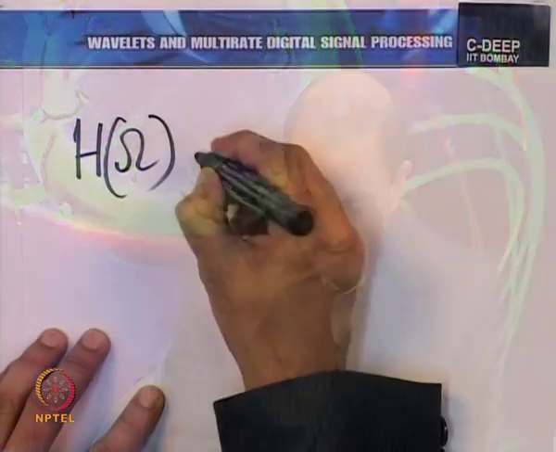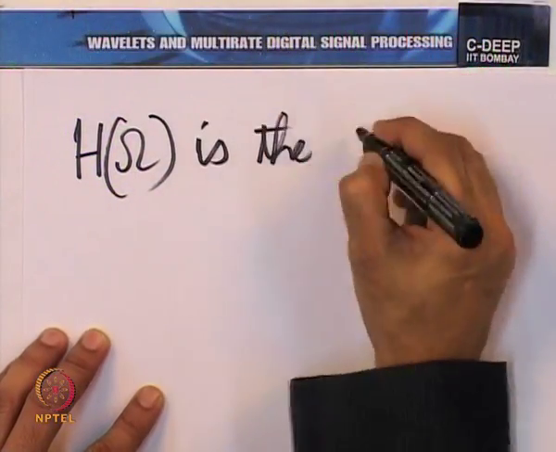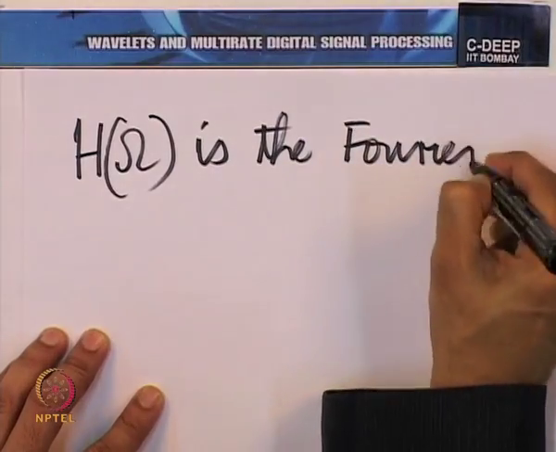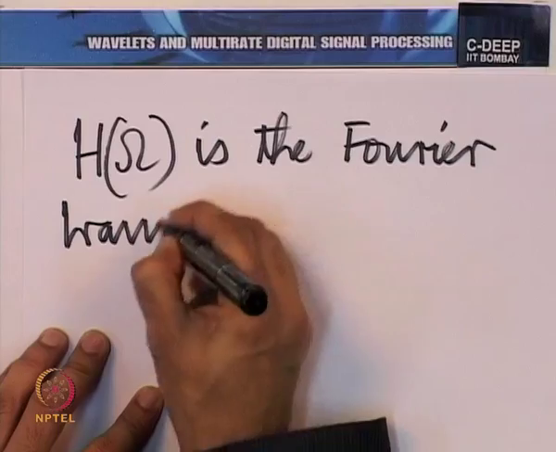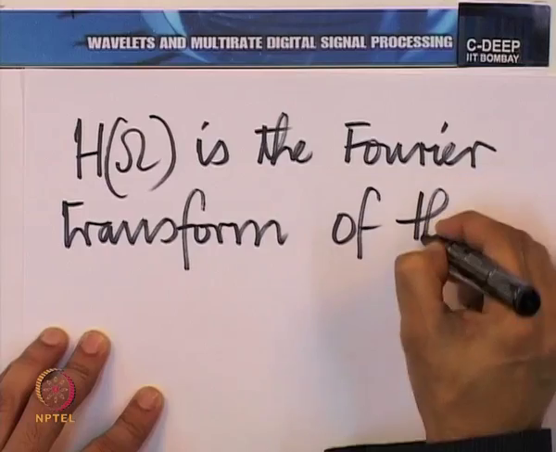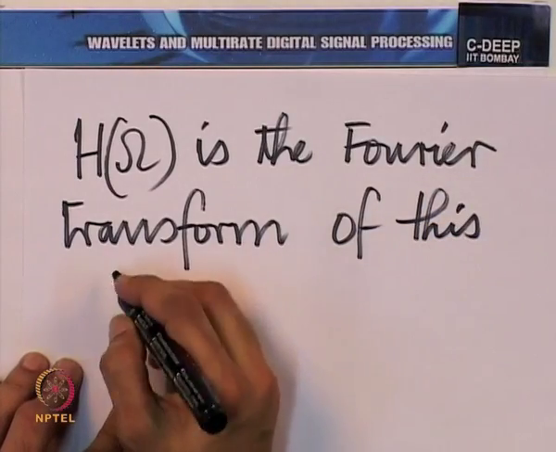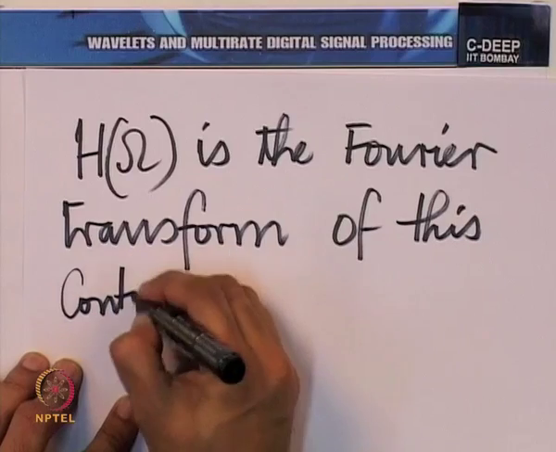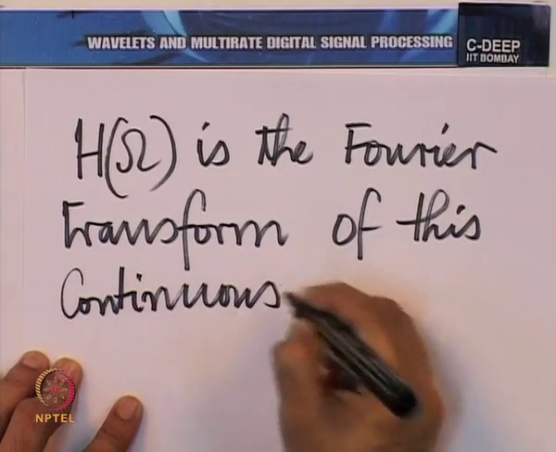So, capital H of capital omega is the Fourier transform of this analog function or continuous variable function.